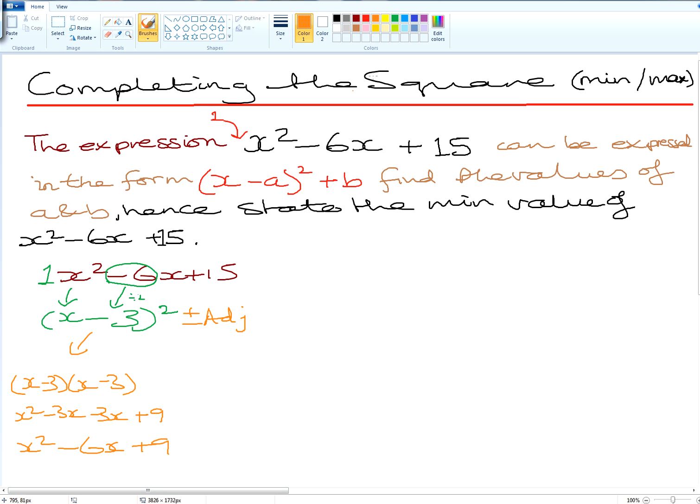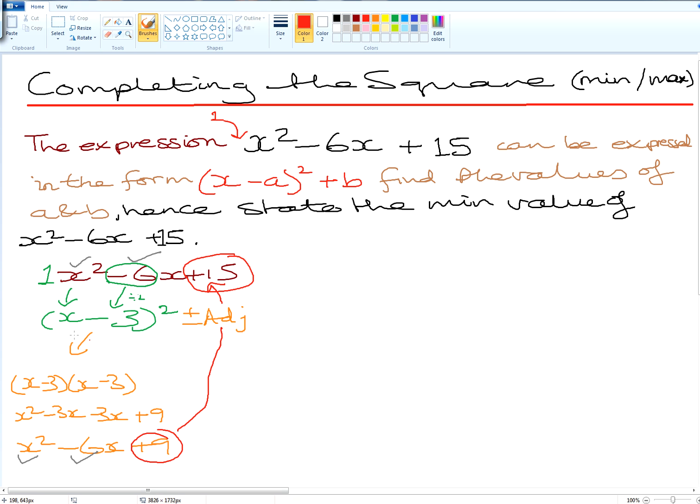Now, if you look over here, what do we have? We have x squared matching with x squared, minus 6x matching with minus 6x. Now, here's the part that we need to do an adjustment on. This plus 9 has to be adjusted until it becomes a plus 15, because that's what we need to get.